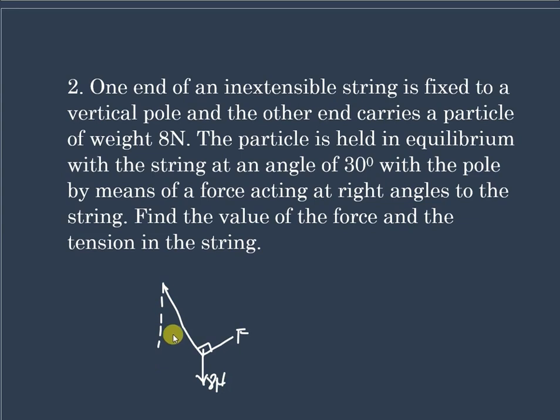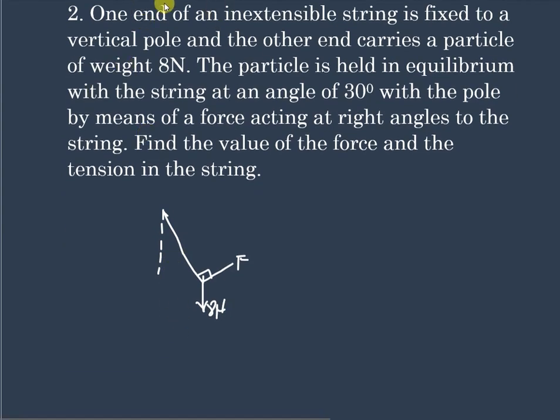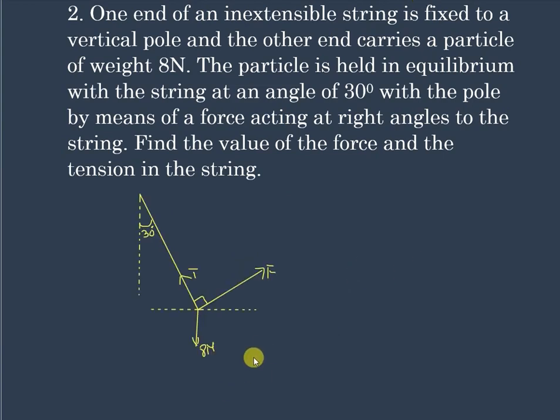That is basically what we have. Let me try to draw this diagram properly for you so that you can see it. That one happens to be the analysis of what these words are telling us. They said it is held in equilibrium with the string at an angle of 30 degrees with the pole.